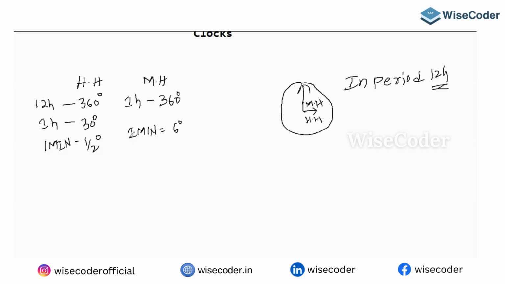Always remember, please write down point number 1: 0 degrees with each other will be 11 times. What do you mean by each other? Minute hand and hour hand, in a period of 12 hours.